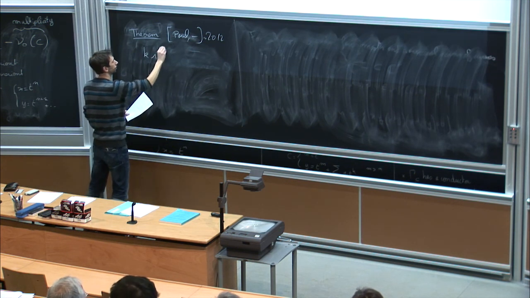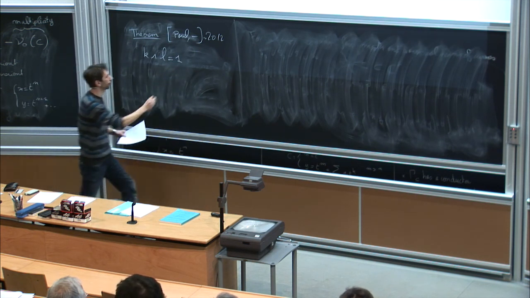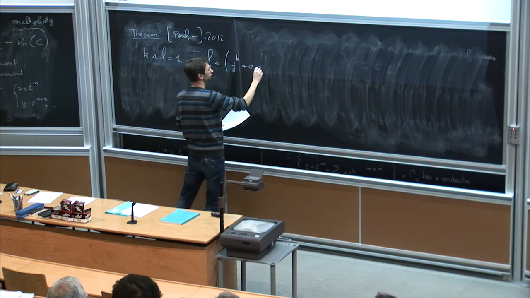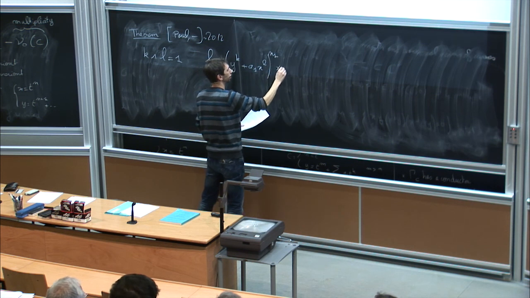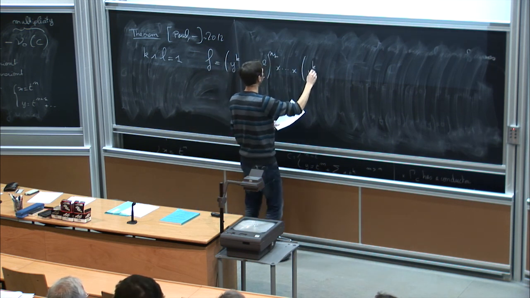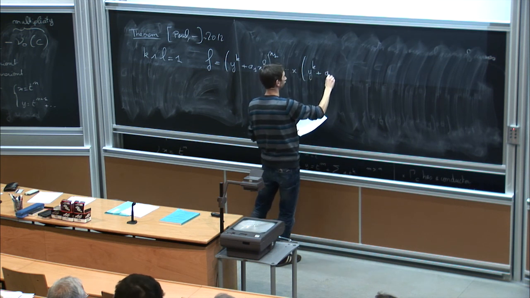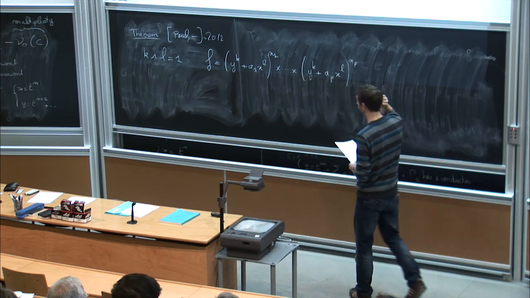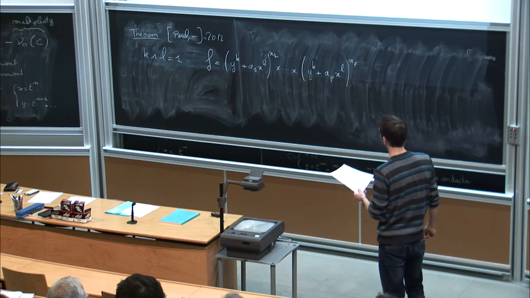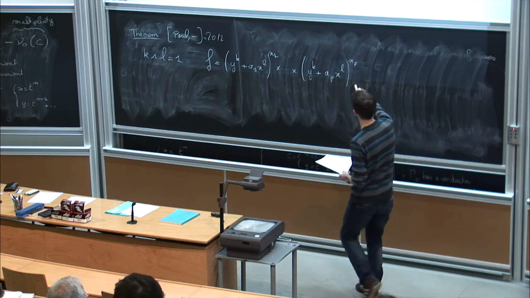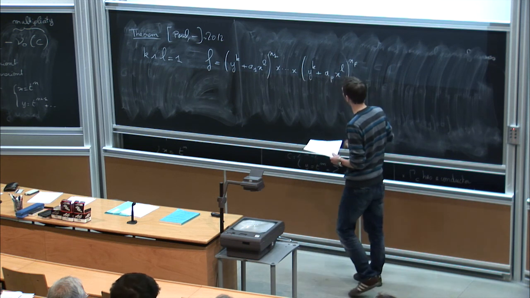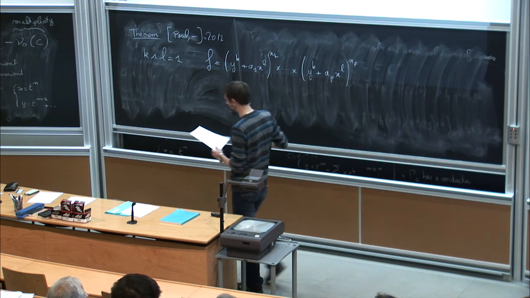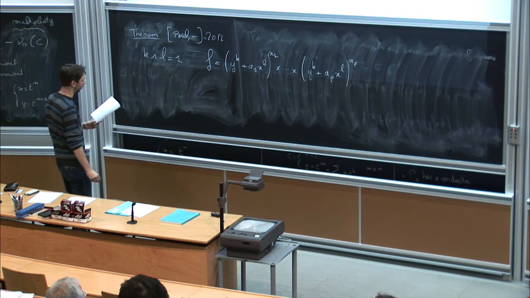You consider two coprime integers and a function f which has the following form. So this is a quasi-homogeneous function with degrees k and l. And please notice that this integer might be bigger than 1, which means that this theorem can be applied to singularities which are not isolated.